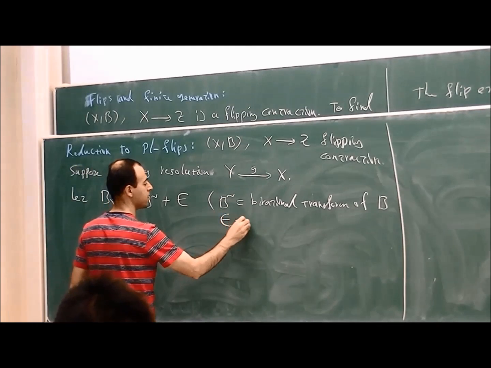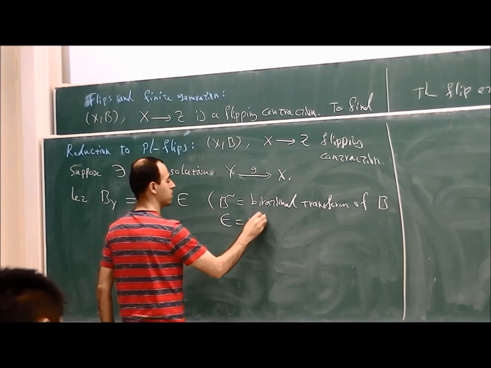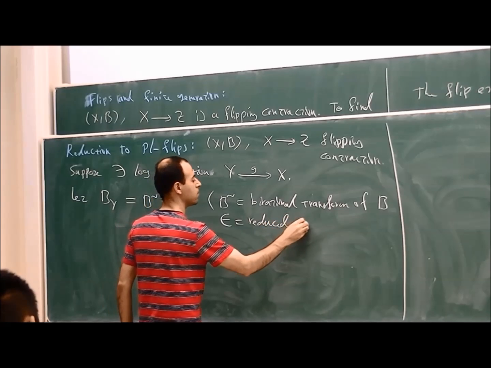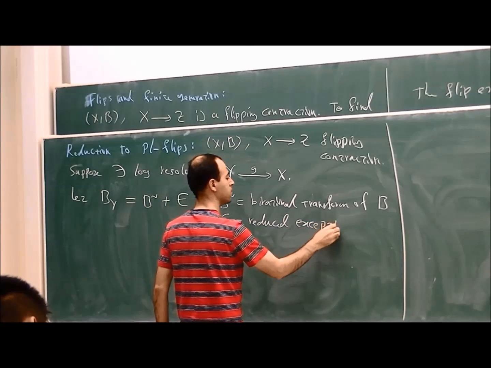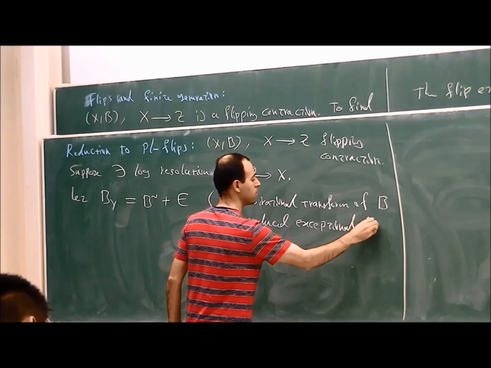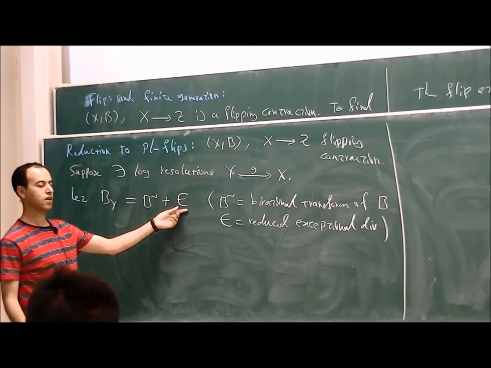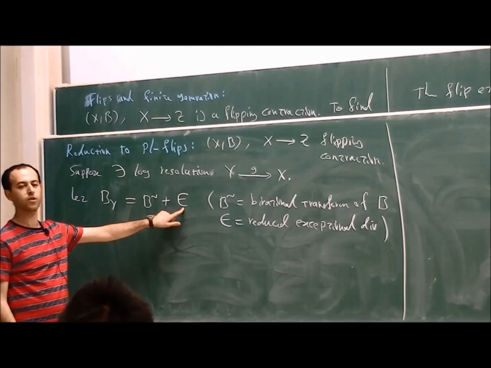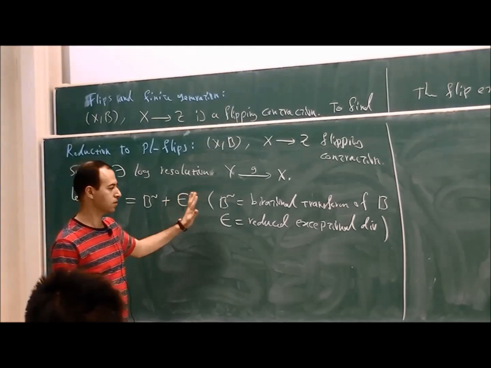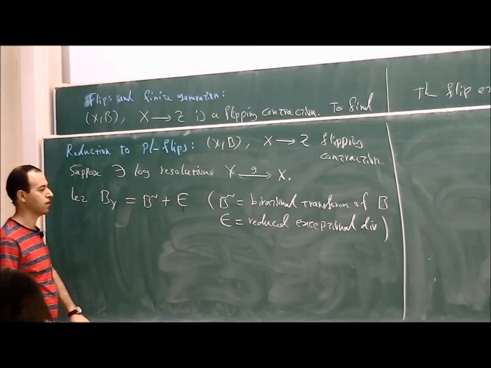But the E here is a reduced exceptional divisor. So for every exceptional prime divisor, you just take one here with coefficient 1. So there is no multiplicity here, just irreducible.